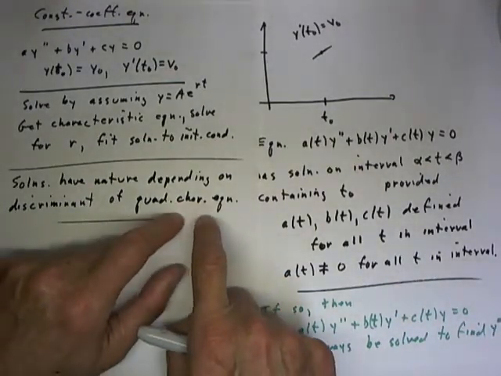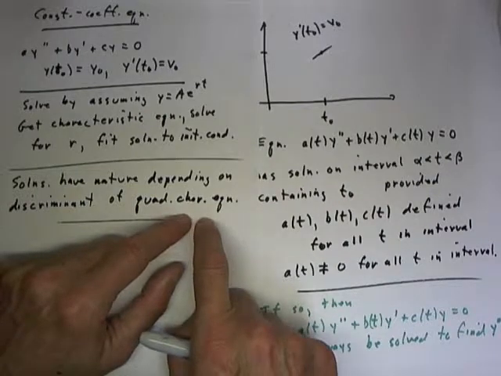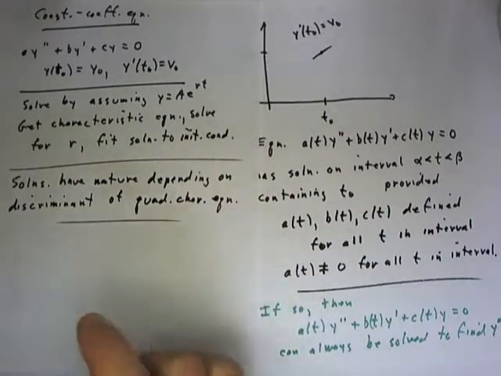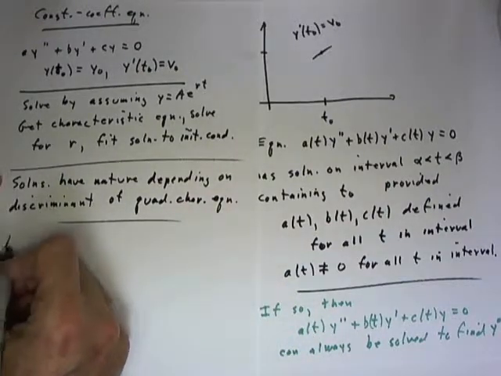That equation can have two real solutions, one repeated real solution, or two complex solutions. So we're going to do examples.